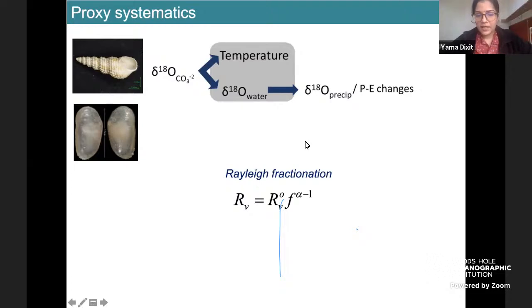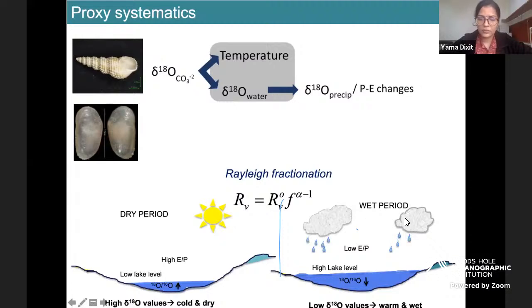Now, we know how the Rayleigh fractionation works, and the amount effect, which is that if the amount of rainfall is higher, you get more negative values of oxygen isotopes recorded in the carbonates. So during a wet period, when the amount is high, overall the isotopic values are depleted, and in general, low oxygen isotope values would be interpreted as a wetter climate, while during dry periods we have high oxygen isotope values recorded in these shells.